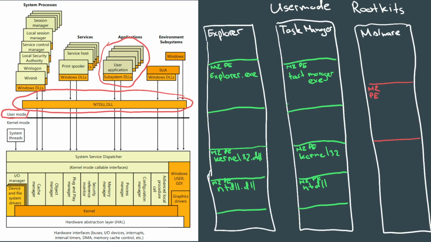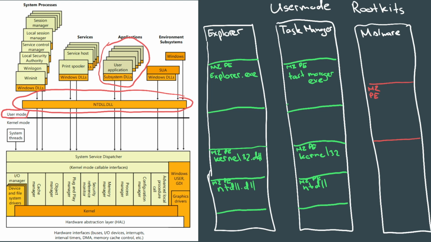So, as you might know, or as you can see from this diagram, every application or every process in Windows operating system will have its own virtual memory. It means each of them would have its own copy of kernel32 DLL or NTDLL or pretty much any other DLL loaded. So here I depict Explorer, Task Manager, and a malware process.